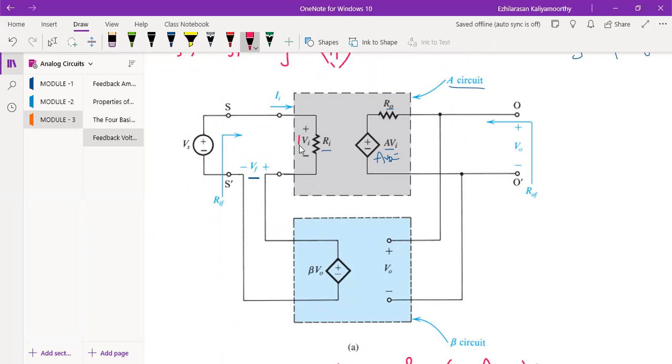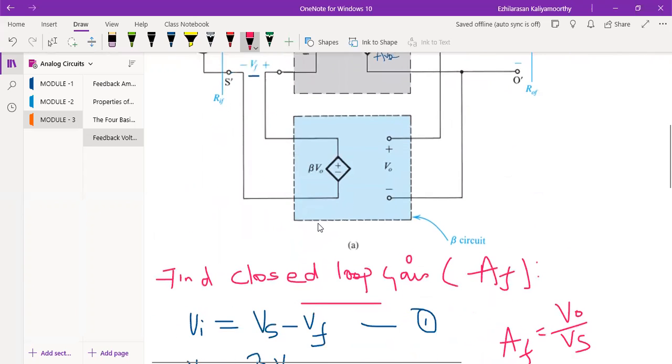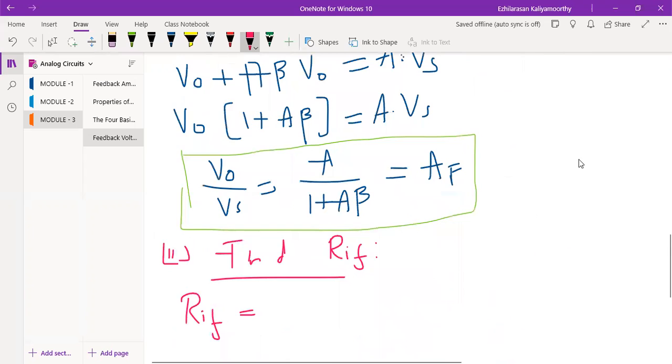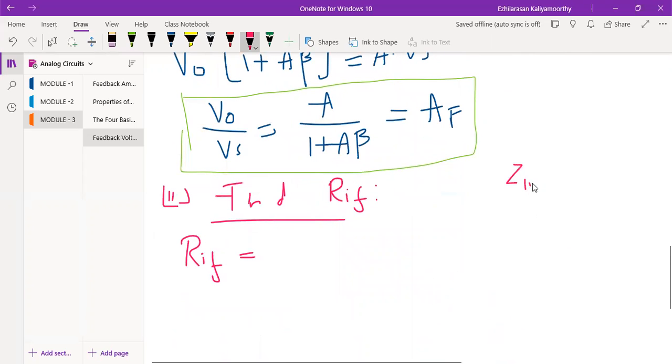This is nothing but the input impedance, or input resistance. Here we are taking RIF as the input impedance. The input impedance means you are just seeing from the input port.